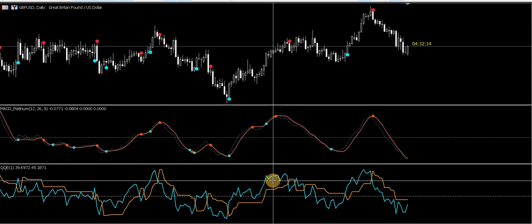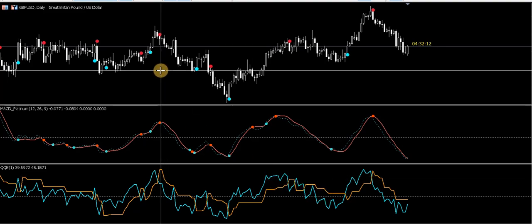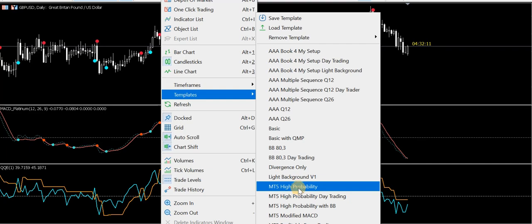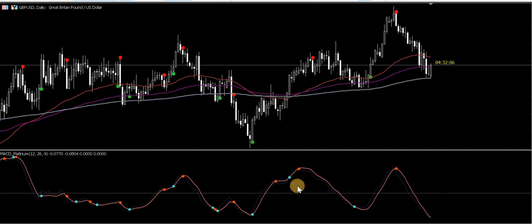That's why I don't have it in any of my templates. So you'll just see something like this template, MT4 high probability. The QQE Advanced is gone. It just leaves me the MACD Platinum, a slightly different colored version of the QMP filter, and my three moving averages: the 50 EMA, 100 EMA, and 240 LMA.